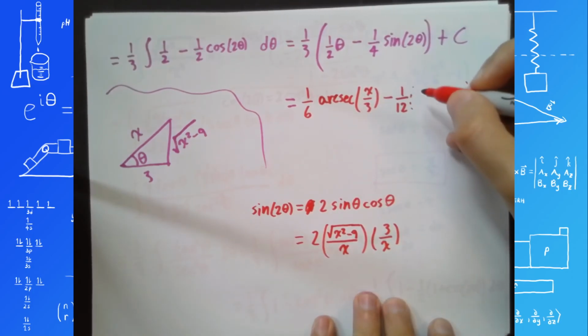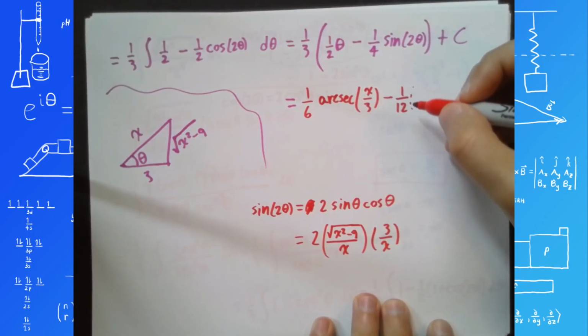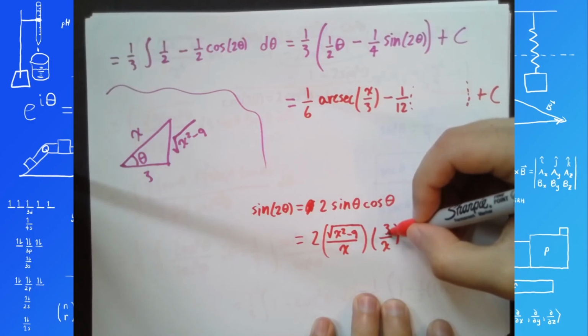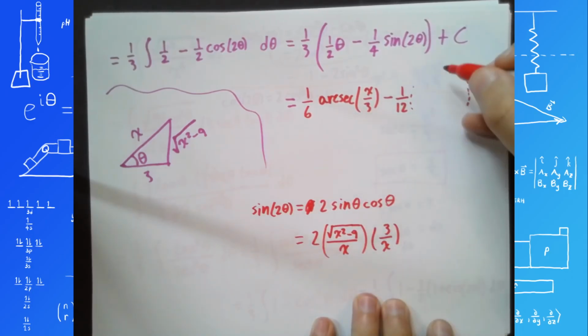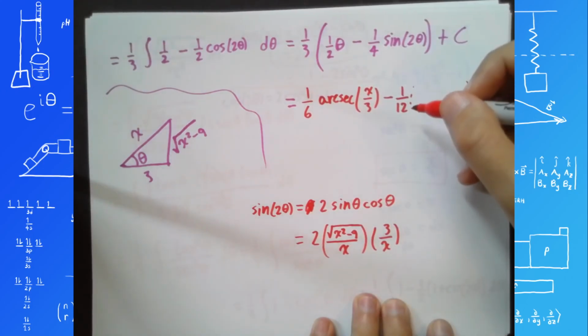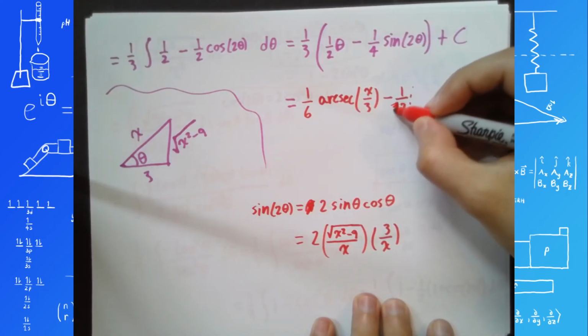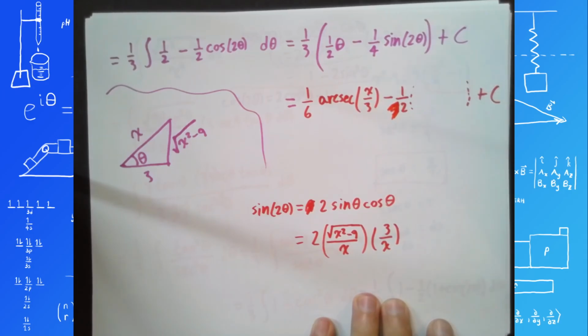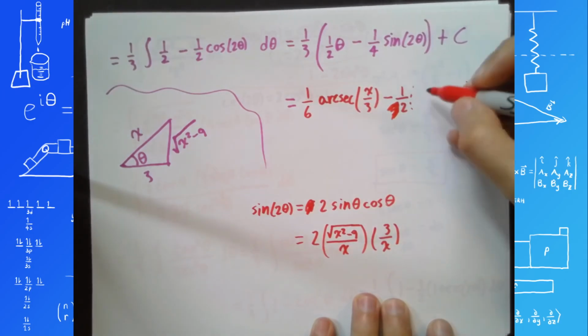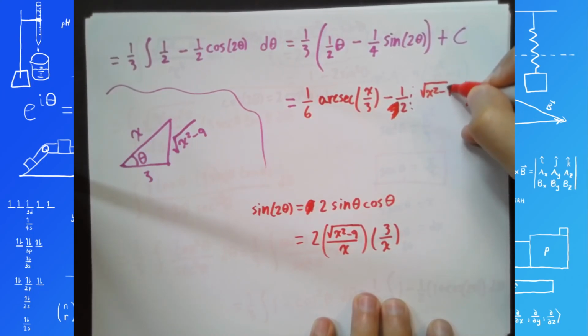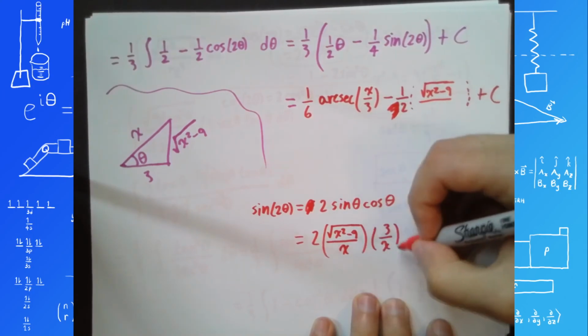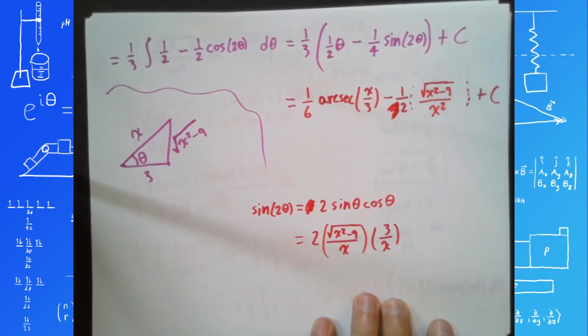So I can replace sine of 2 theta with this: 2 times 3, those are going to reduce with the 1/12. 6 over 12 is just going to reduce to 1/2, so I'll scribble out the 1. So now we've got 1/2, and then the rest is the square root of x squared minus 9 over x, and x just becomes x squared.